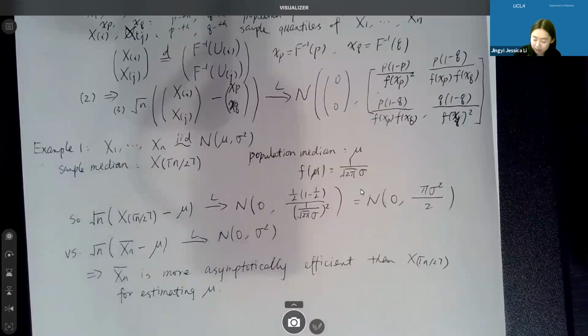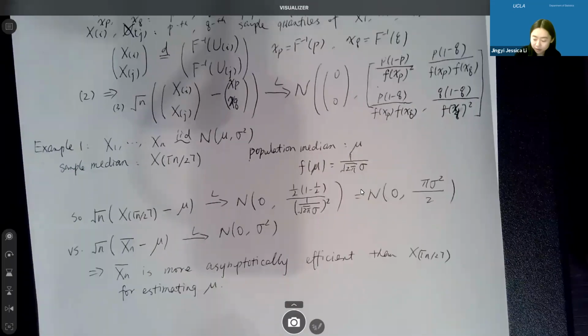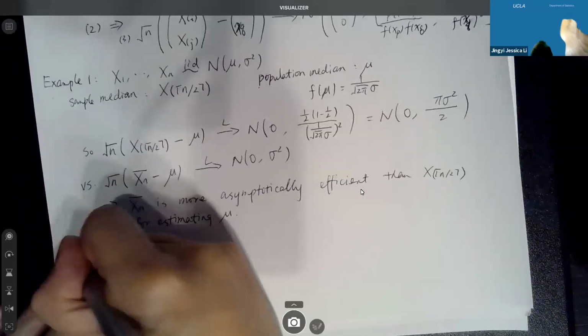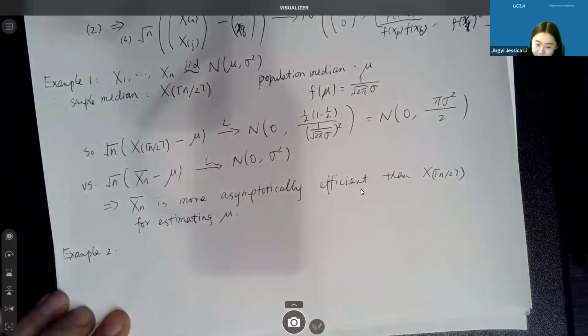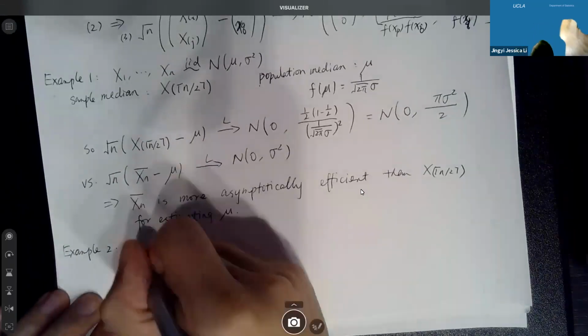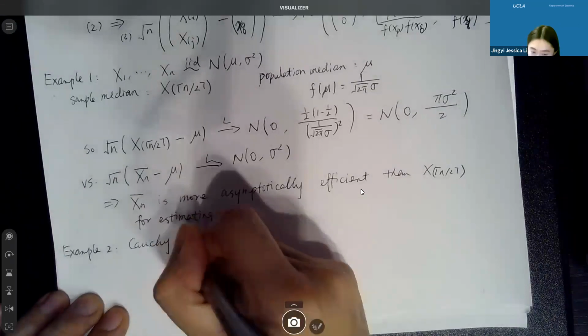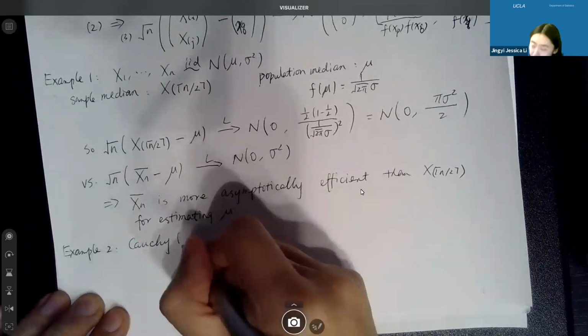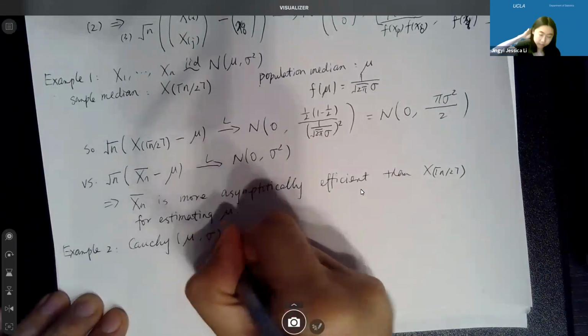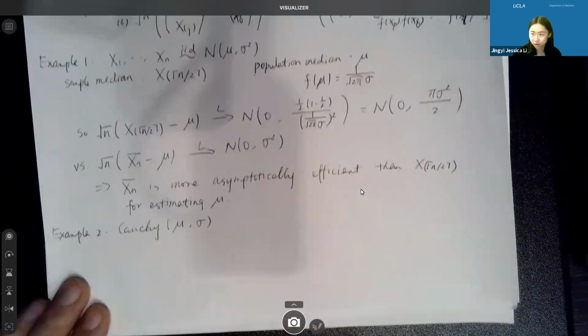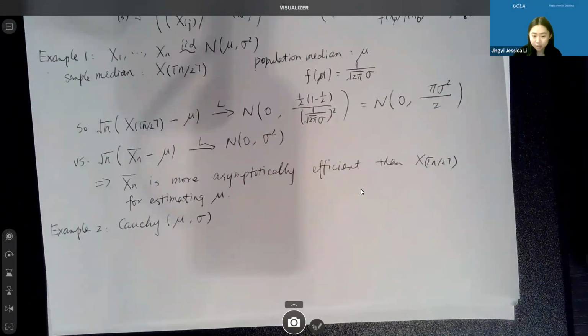And now let's move on to the second example. It's a very interesting distribution that doesn't have moments. It's called the Cauchy distribution. The Cauchy distribution still has a center or location parameter mu and a scale parameter sigma, similar to our Gaussian or normal distribution. But the Cauchy distribution doesn't have moments by design.